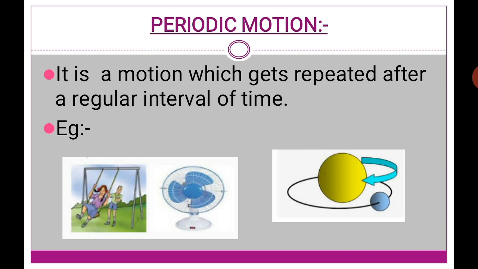So that is also fixed. There are more examples. For example, a normal person's heartbeat also repeats itself after 0.8 seconds. So all these are repeating their motion after a fixed interval of time. So this type of motion is known as periodic motion, that is, motion which gets repeated itself after an interval of time.